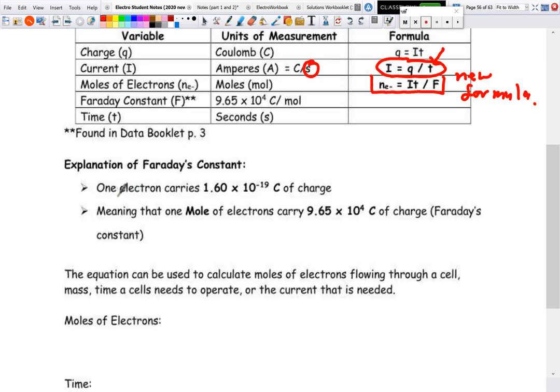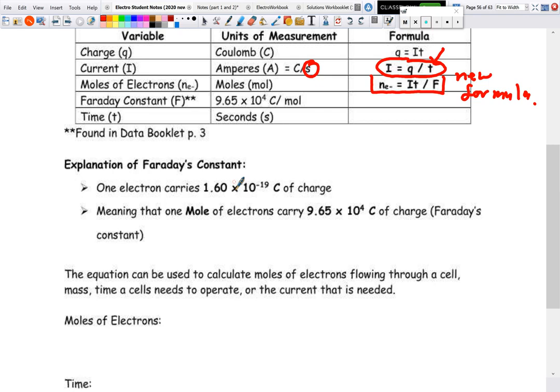As for the explanation of Faraday's constant, this was experimentally determined. One electron carries 1.6 times 10 to the power negative 19 coulombs of charge, and we know 1 mole is 6.02 times 10 to the power of 23.